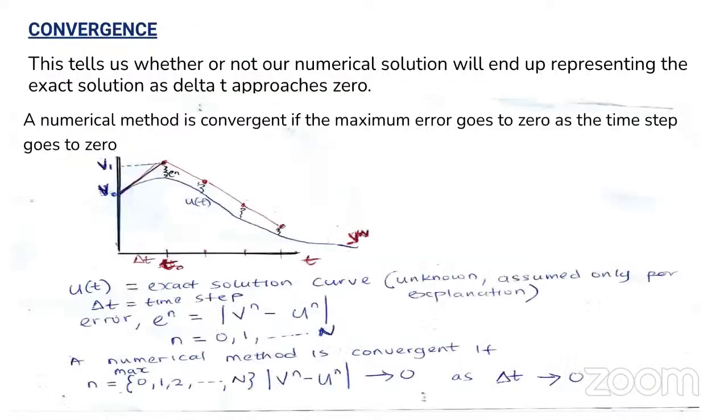Okay, now we are done with that. We'll go to convergence. So convergence tells us whether or not our numerical solution will end up representing the exact solution as delta t approaches 0.